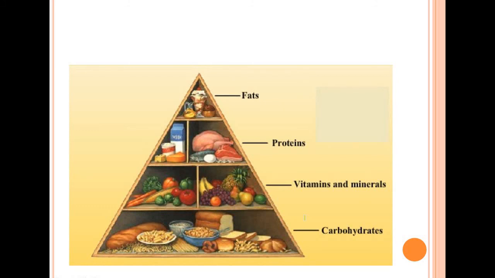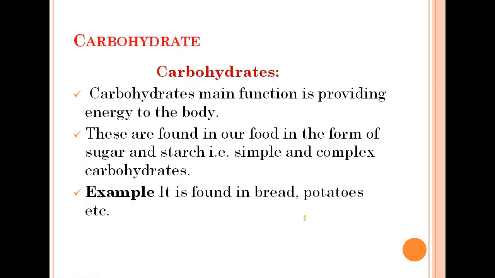Carbohydrate is required in high amount, vitamins and minerals a little less than the carbohydrate, proteins are required but a little less in quantity than vitamins and minerals, and a very small amount of fats is required. So this food pyramid depicts the quantity of food items that we require concerning the nutrients present in them.